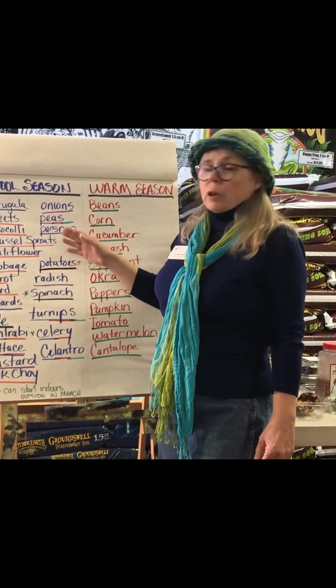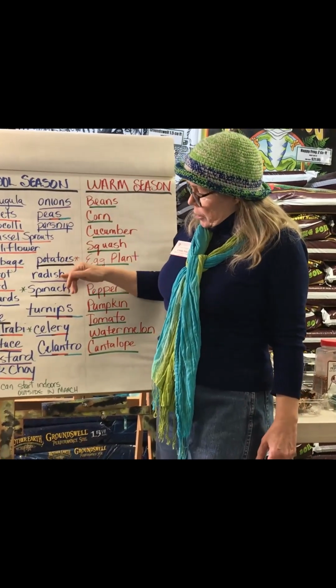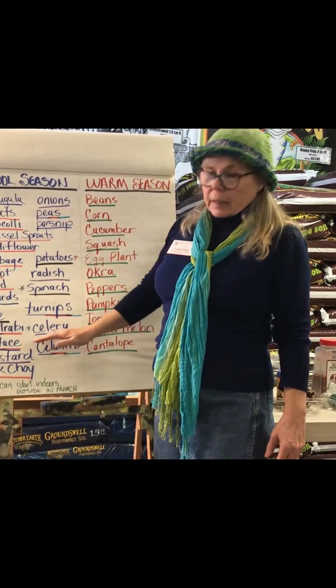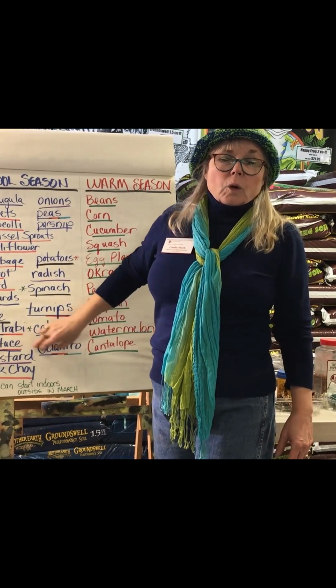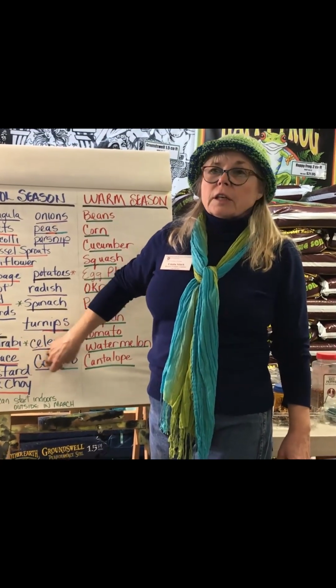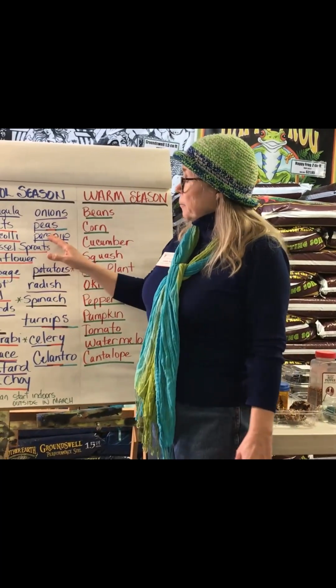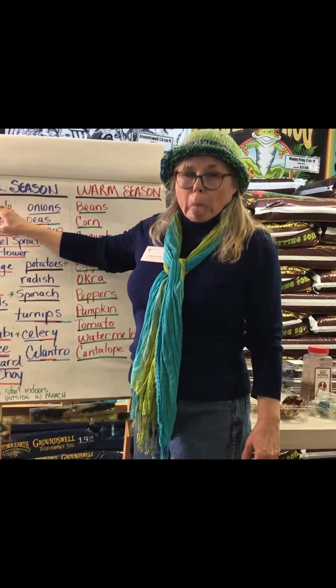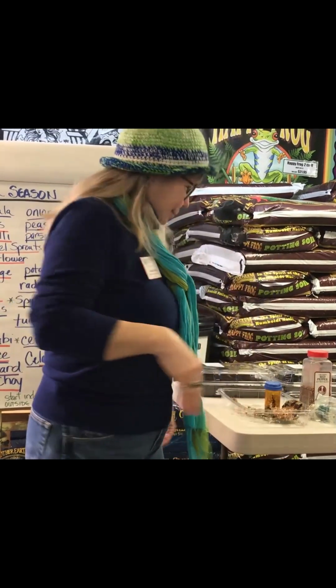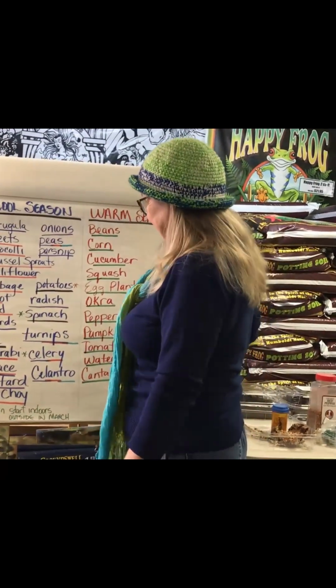So as long as you can work the soil, radishes, turnips, even cilantro will grow as soon as it starts getting warm and the soil warms up. You can get it growing, okay? Arugula. We learned that last year. We don't like it either.